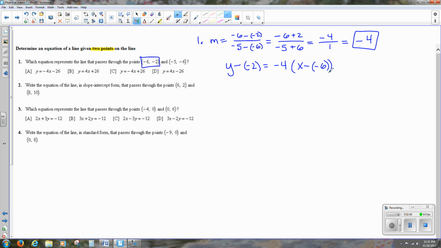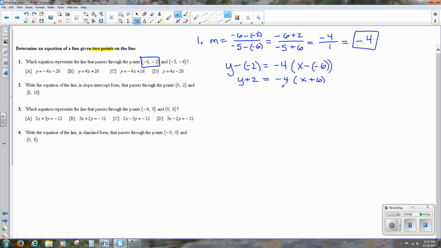Okay, y minus -2 is the same as y plus 2. And then -4 times, this would be the same as x plus 6.